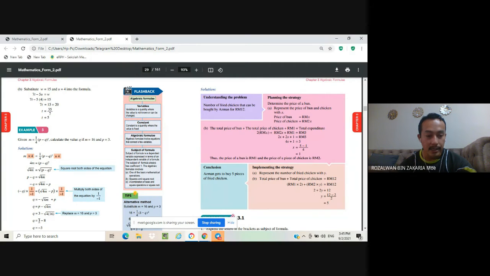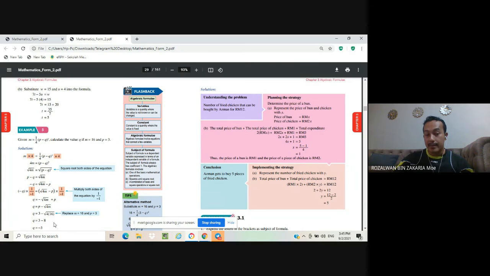Okay, then Q equals 3 minus 8. Why 8? Because 16 times 4 equals, who knows? 16 times 4 equals what, class? 16 times 4, 64, right?